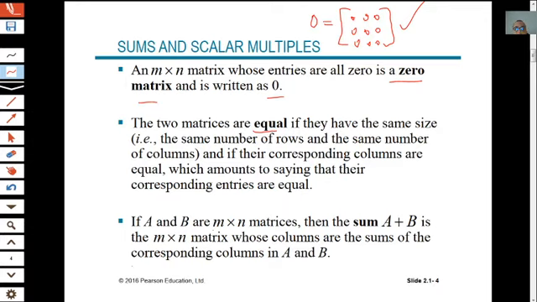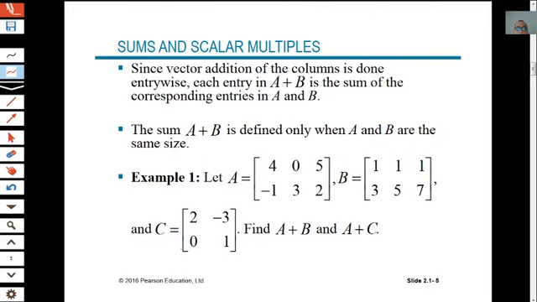If A and B are n by n matrices, then the sum of them is again an n by n matrix whose columns are the sums of the corresponding columns in A and B. Since vector addition of the columns is done entry-wise, each entry in the sum of the matrices is the sum of the corresponding entries in A and B. We just add the corresponding entries of the given matrices to compute the matrix addition.